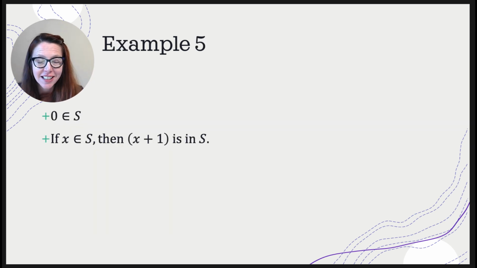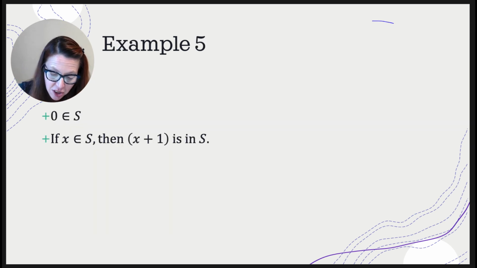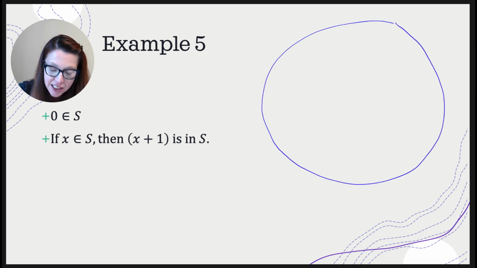Let's take a look at an example of a set. Initially we create a set and we say its initial collection of elements is the integer 0. And then we create a rule based on what's already in the set to recursively build out this set.